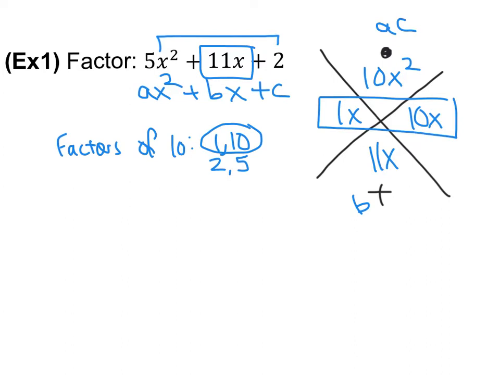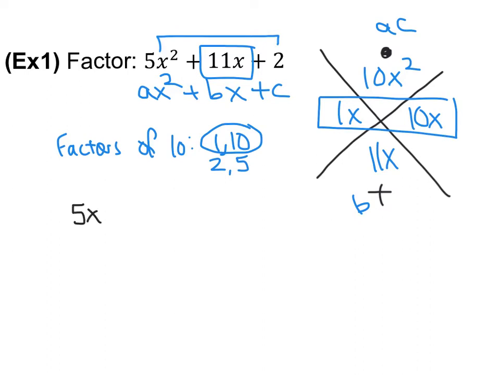Okay, so now this is called crisscross split the middle term. We have just done the crisscross part. We multiplied the first and last, that was the 10x squared, and the middle term is 11x. The 2 numbers or values that multiply to get 10x squared are 1x and 10x. They multiply to get 10x squared, and they add to get 11x. So this is called crisscross split the middle term because we've done crisscross, and now we're going to split the middle term.